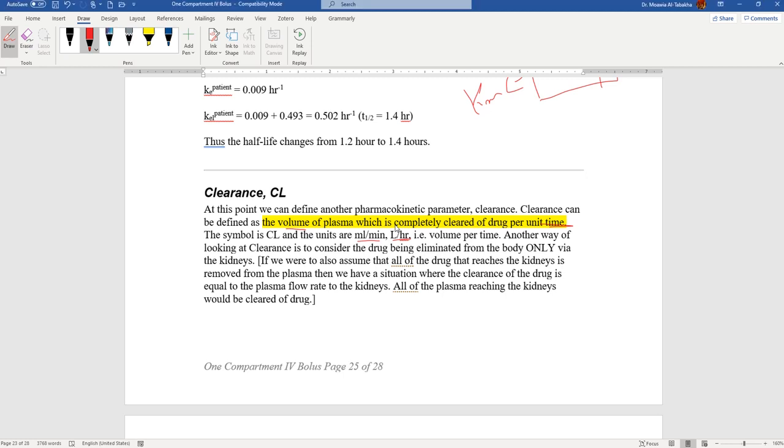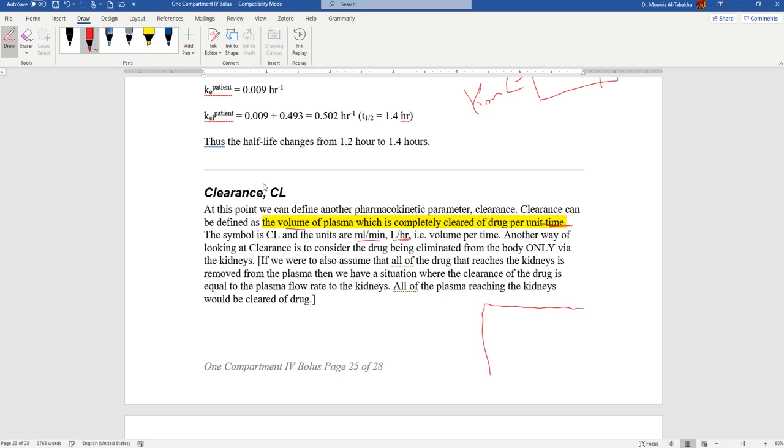Now, with an equation, we can define clearance as the rate of drug elimination divided by concentration. Rate of drug elimination, or let's say the amount of drug eliminated per unit time, divided by the drug concentration at the midpoint time. But first, let me talk about the concept.